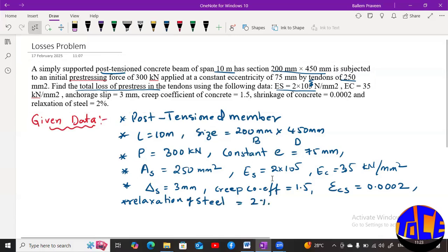So for this we need to calculate the total loss in the tendon for this post-tension member.